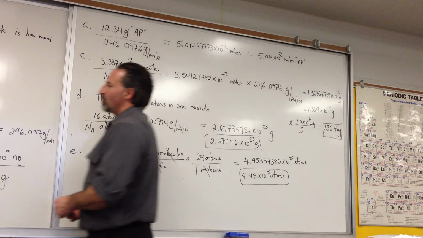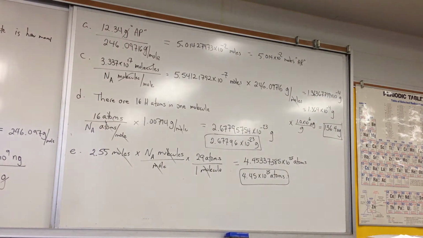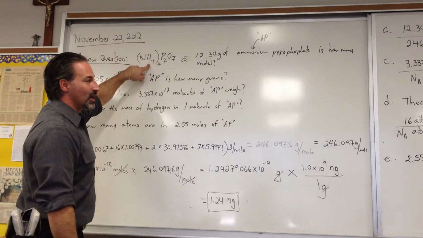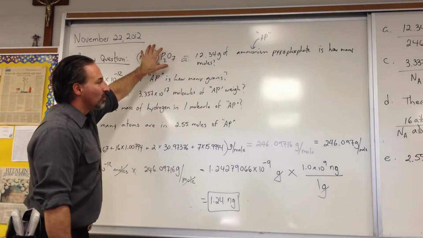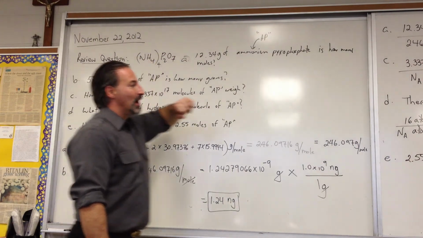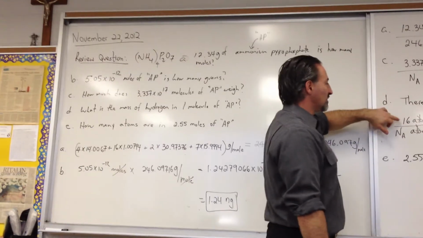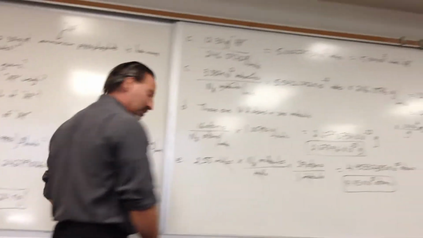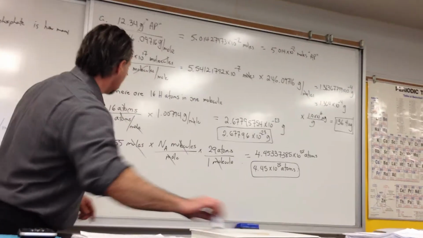Question D asks, what is the mass of hydrogen in one molecule of ammonium pyrophosphate? We recall that ammonium pyrophosphate has 16 hydrogen atoms. So if you have one molecule of it, we have 16 hydrogen atoms. How much is that compared to a mole? Well, 16 atoms of hydrogen. I should have put hydrogen, I didn't write it down. Let's put H here.